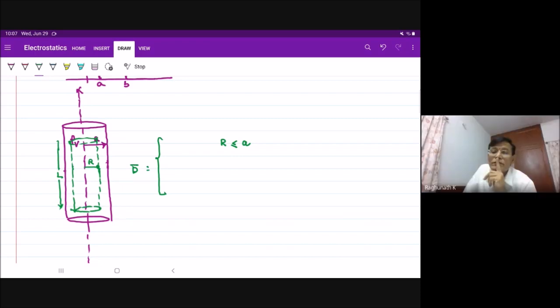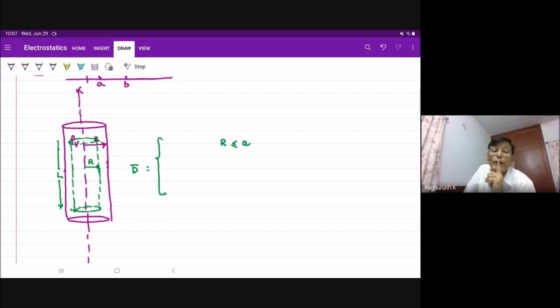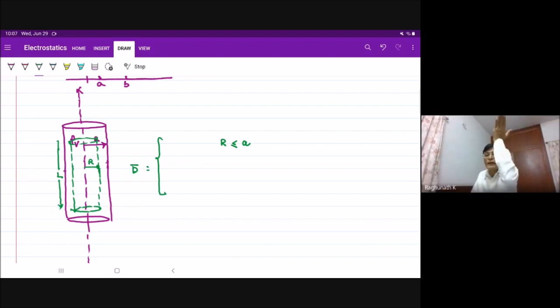The volume of the cylinder of radius r is what? Pi r squared L. Pi r squared is a circular disk, with length L. Correct.